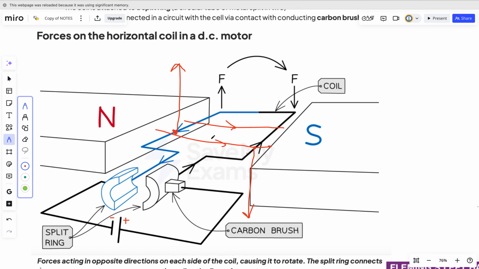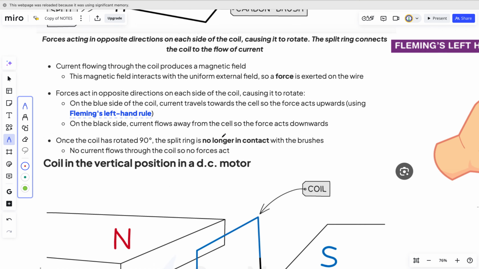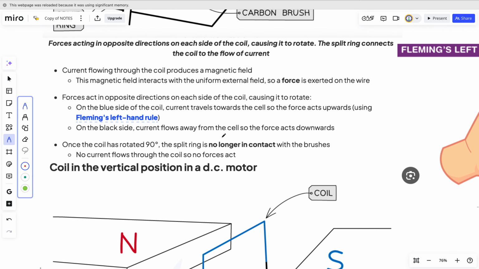They will all be rotating, except this carbon brush. That's how electric current creates a force in an electric motor.